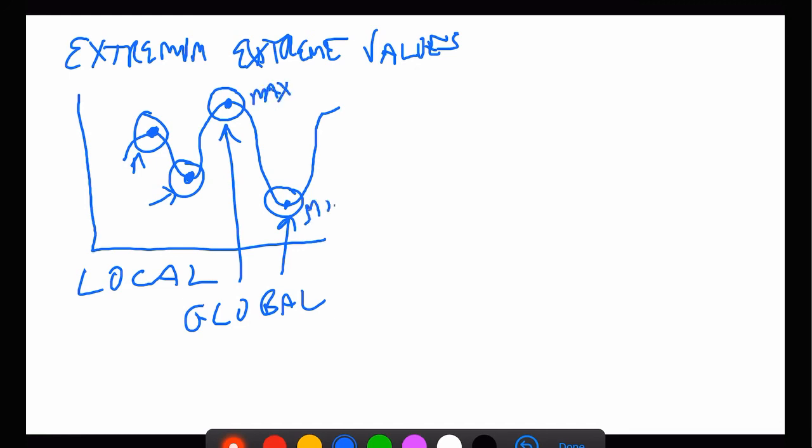This is the global min. This is a local min and a local max. Okay? Is that exciting? So we're going to find all these extreme values. That's one of the important things we're going to do in this class is find extreme values. And part of what we have to know is whether we've found a local or a global. Is that exciting? Okay. We're not as excited as you ought to be, probably.